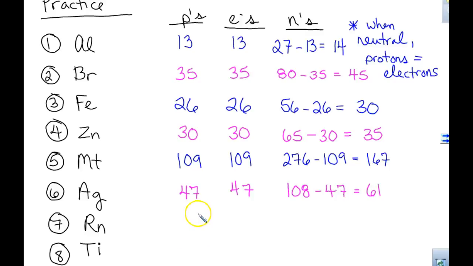Radioactive gas. If you have a basement, you may have a radon detector because this gas seeps up out of the ground and can, like, poison you and kill you. Fun times. So this is element 86. So it has 86 protons, 86 electrons. The mass we don't have to round because it's already a whole number. So 222 minus 86 gives you what? 136.